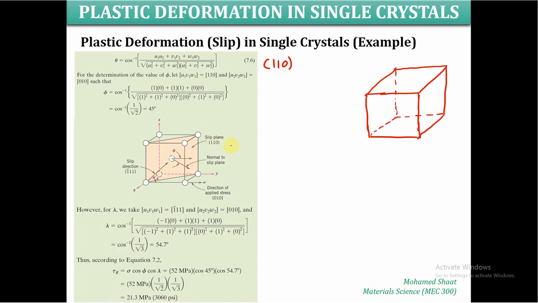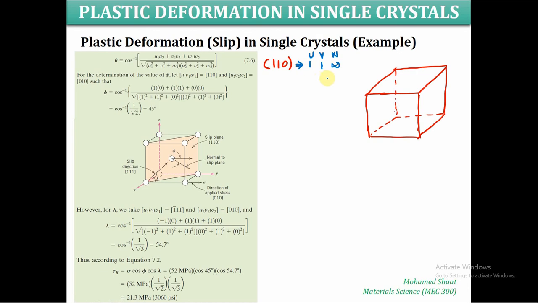The reciprocal of 1 is 1, the reciprocal of the second 1 is 1, and the reciprocal of 0 is infinity. It means that the plane intersects the x-axis at 1, intersects the y-axis at 1, and intersects the z-axis at infinity. It means that it should be parallel to the z-axis.